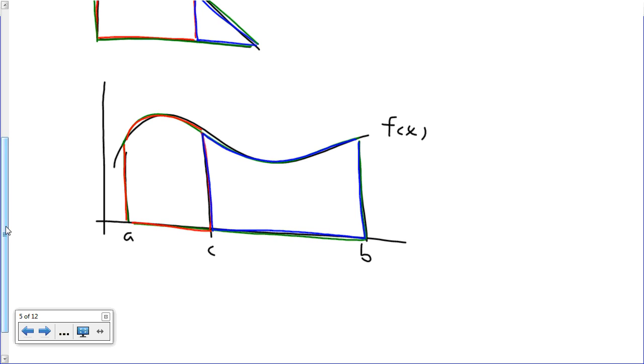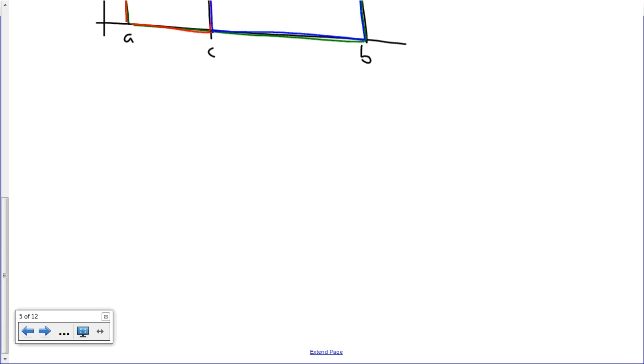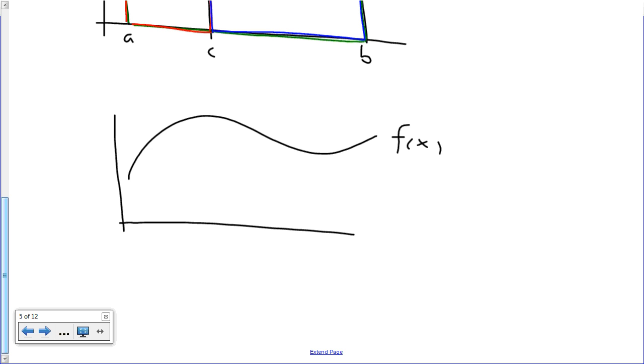In fact, C does not even have to fall in between A and B. Let me just illustrate this with a sketch. I could sketch a graph. Call this f of x again. This could be A, this could be B, and C could be either before or after the interval from A to B. It could either be before A or after B, like I've got it sketched here, and the same is still true.